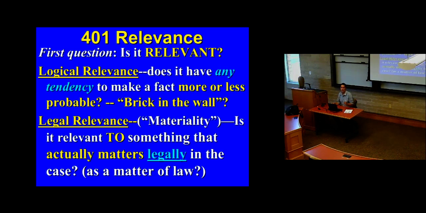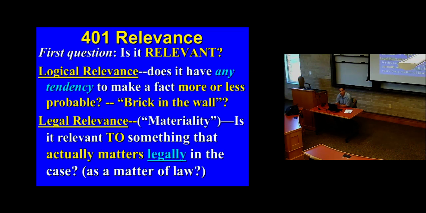It only needs to be a part of a case, and it can be a very, very small part of the case. It can be a tiny brick in a very large brick wall. But that brick has to have some weight, and that weight is the probative value, the fact that it has a tendency to weigh one way or the other in the case. Now that's the logical relevancy.